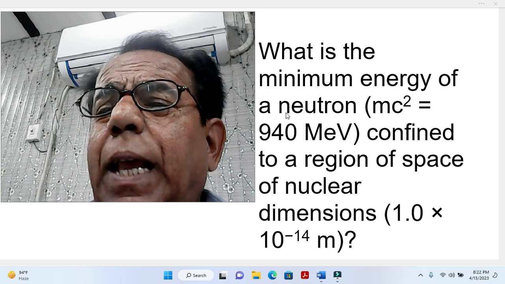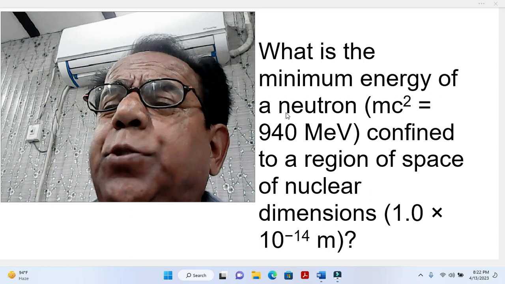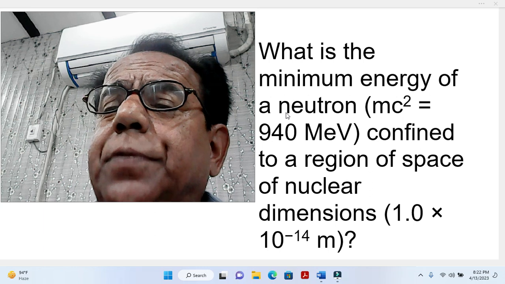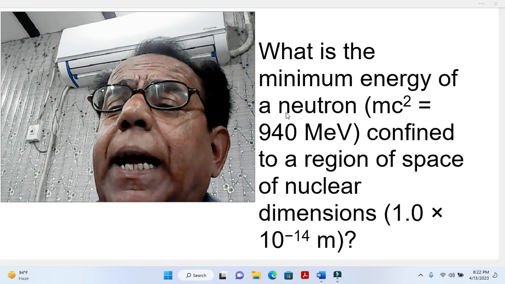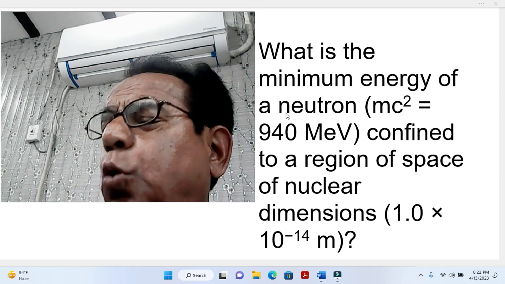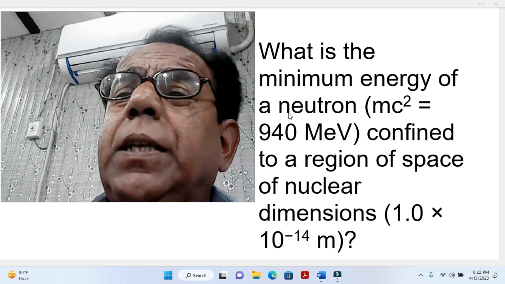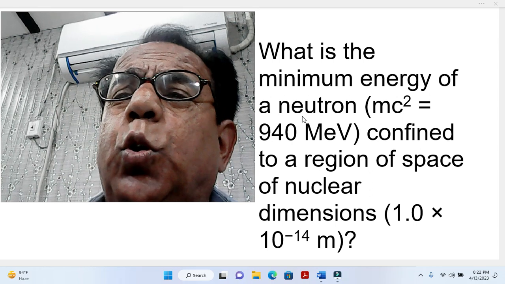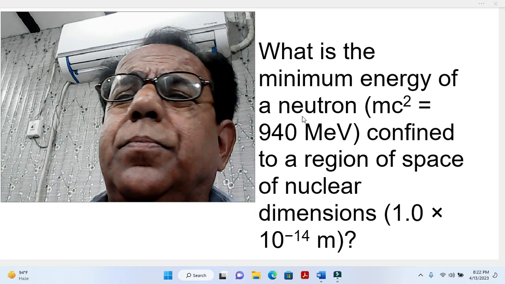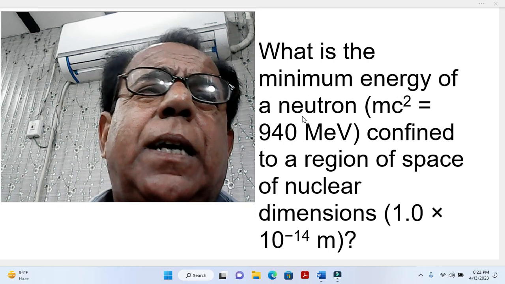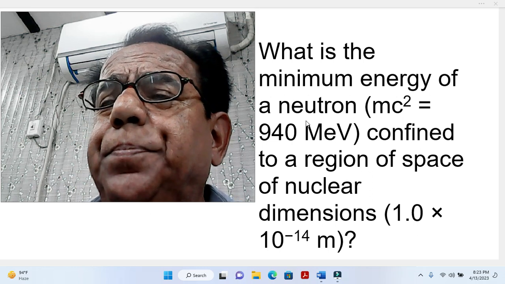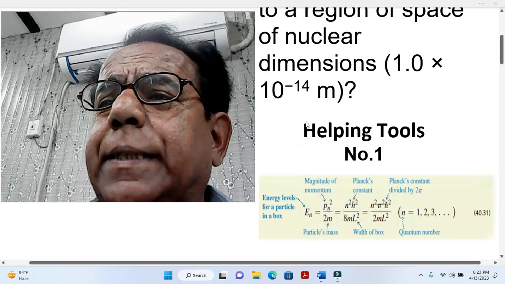Actually it should be 10 into 10 to power minus 15 meter, and we know that 10 to power minus 15 is femto. Anyhow, we do not go into this slightly unnecessary discussion. We come to its solution as usual.